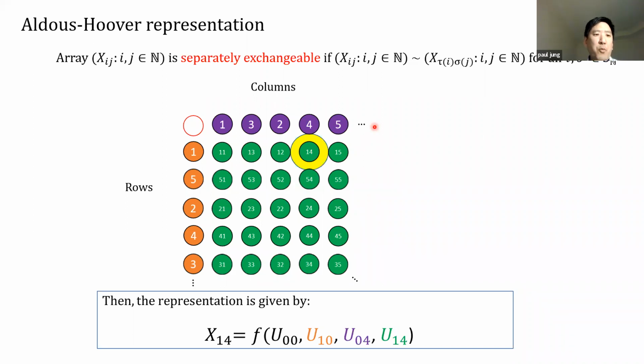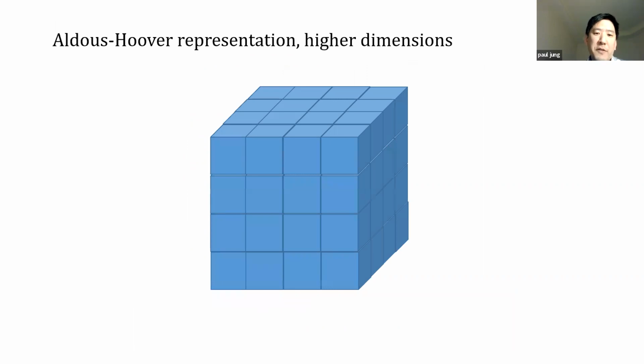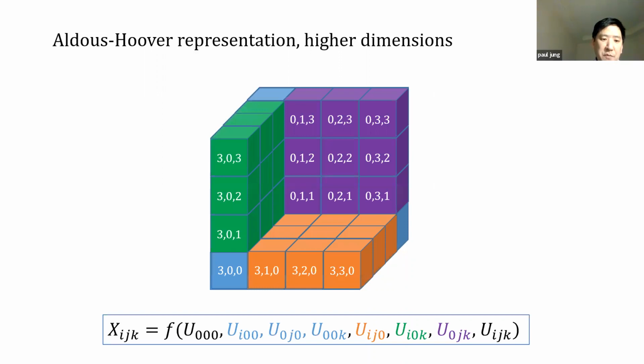As I said, Hoover extended this, and one direction he extended it is to higher dimensions. One can also have three-dimensional arrays, and you can permute the slabs like this; you can permute this slab with this slab, and this slab with that slab, in all those different directions. If that's the case, then the Aldous-Hoover theorem tells us there exists another representation, again a single measurable F and a large family of uniforms.